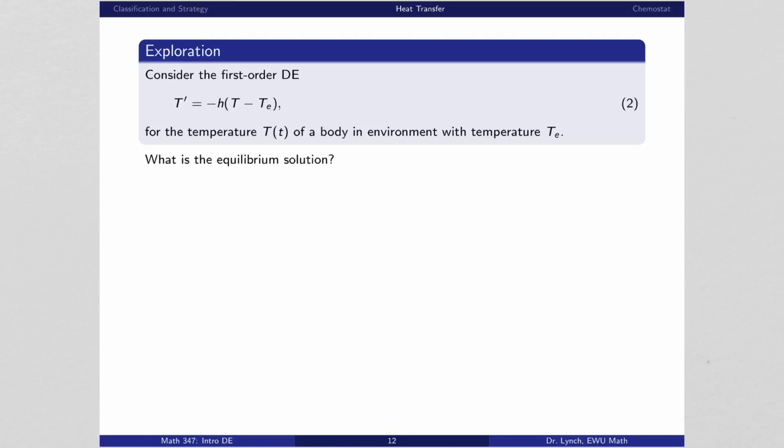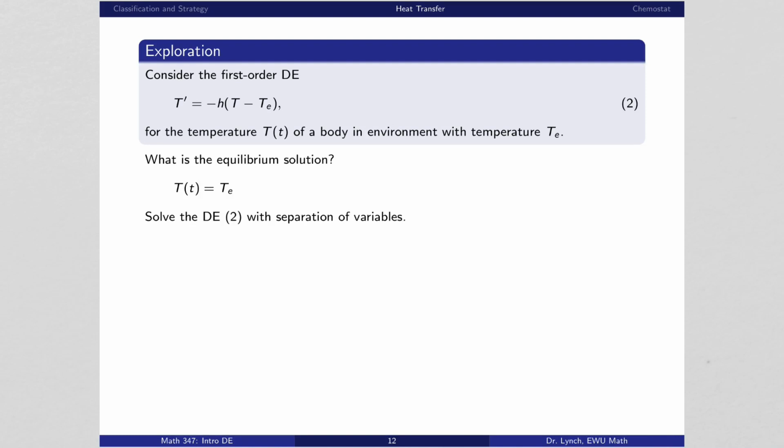You should be able to see that when capital T is equal to T sub E, the right-hand side is 0, and of course the derivative of T is 0, so both sides of the differential equation are satisfied. That is, when we substitute capital T equals T sub E, it turns our equation into an identity. So T equals T sub E is a solution.